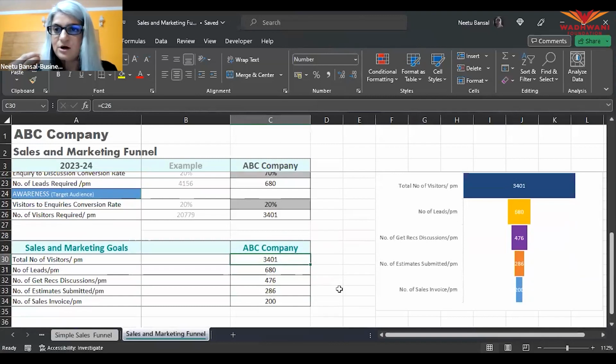Now if that is your tension, the fear, what happens is, when you put in these numbers and build this funnel at the first phase, you can see these numbers and you can see which of these is actually doable and which one you think is just about impossible for you to do.